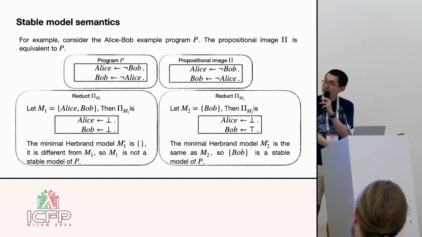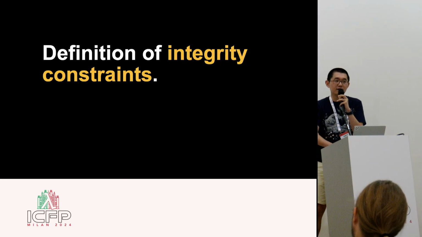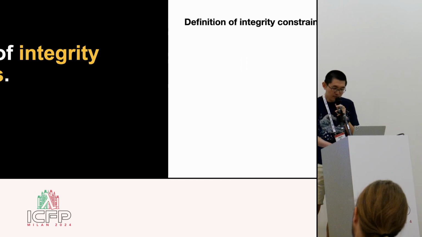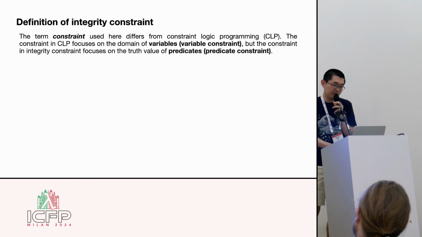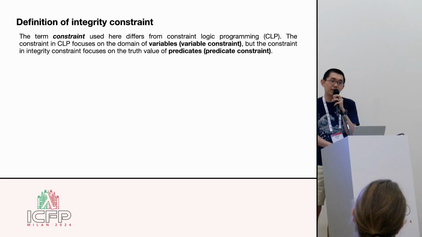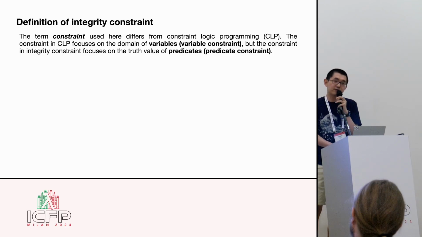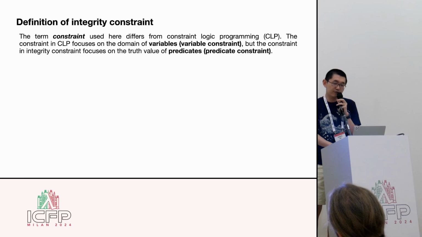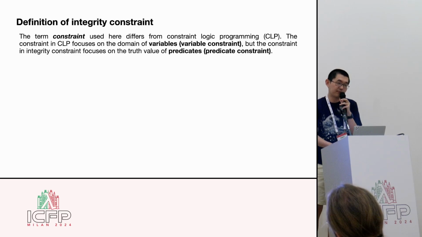Now we can finally define the integrity constraints. Integrity constraint is actually a special form of the normal program clauses. But one thing to notice here, this term constraint we use here is different from constraint logic programming, CLP.